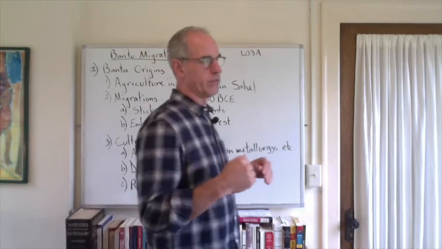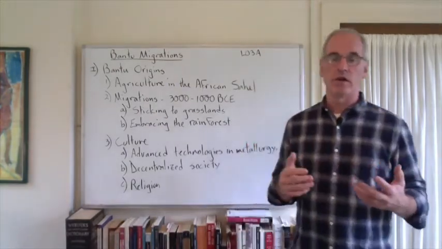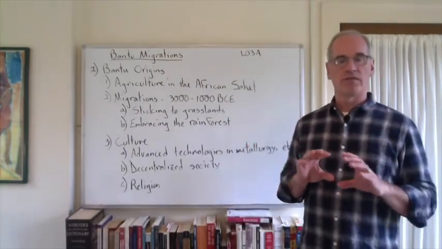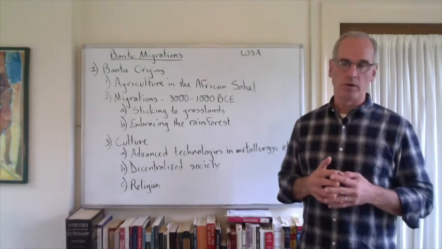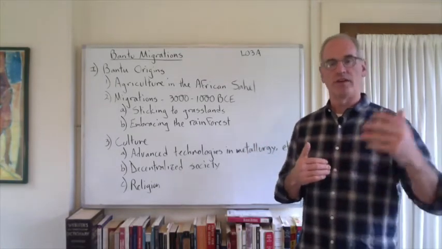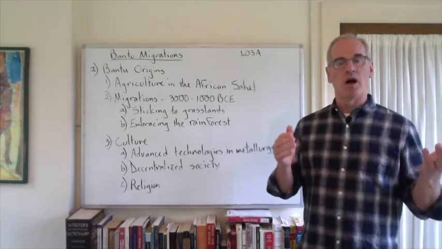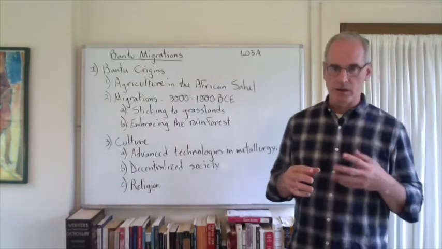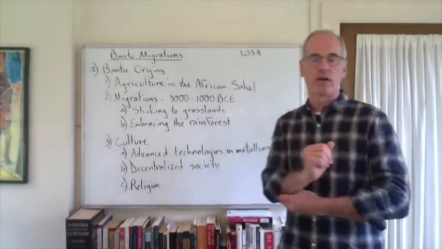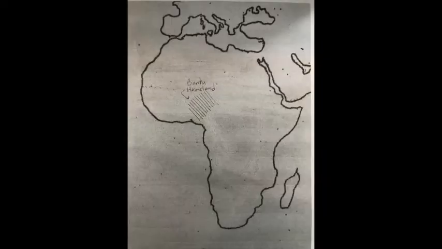To the south of the Sahel, you have in some cases tropical rainforest. But the Sahel is this sort of moderate zone, a transition zone between the desert and rainforest. So the Bantu-speaking peoples developed agriculture in what would today be northern Nigeria, Chad, that region.